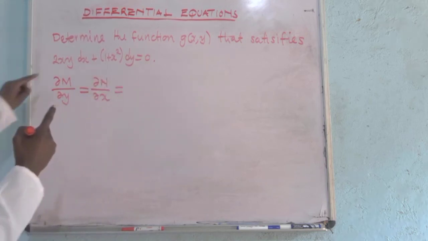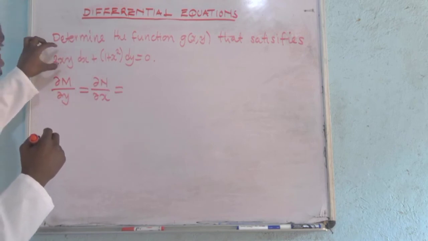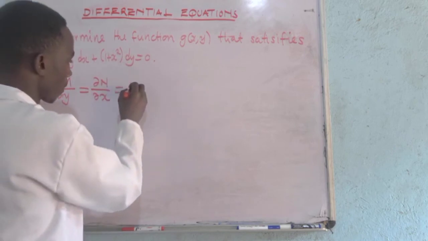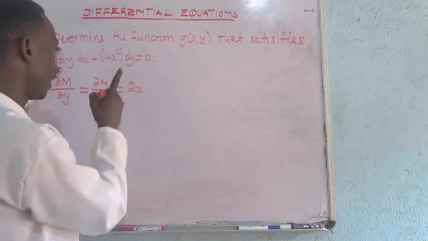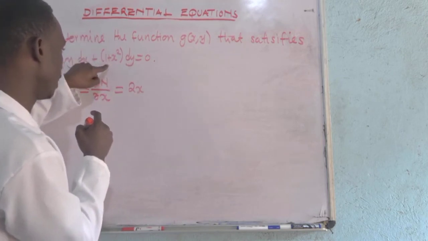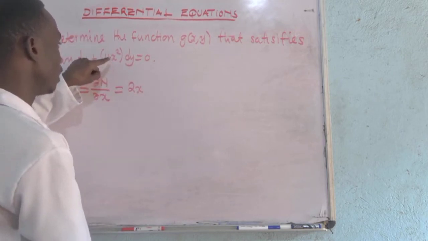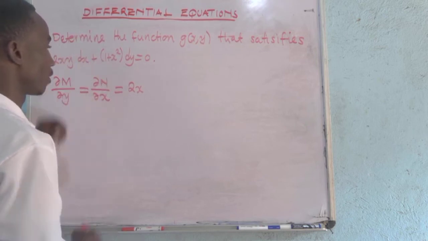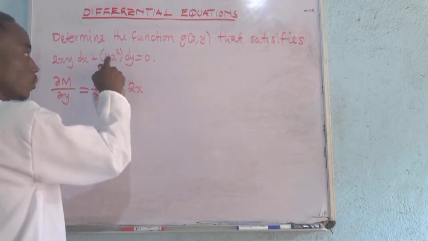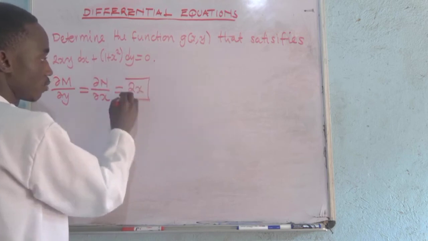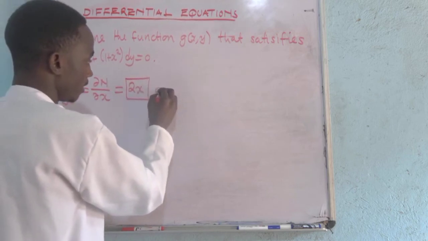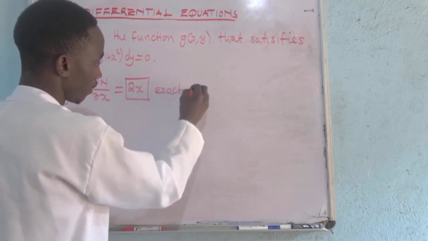So this is M of x, y. If you differentiate this one with respect to x, you're only going to have 2x. And also if this is N of x, y, if you differentiate this one with respect to x, then it will be just 2x like that. So what you have here is an exact equation.